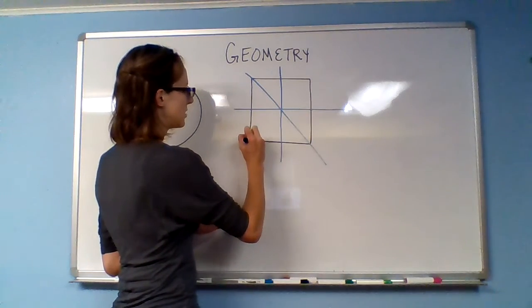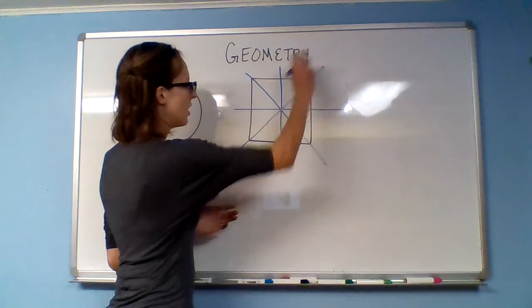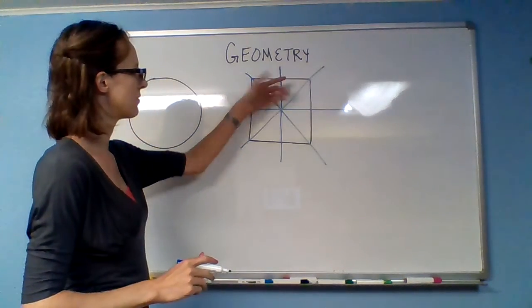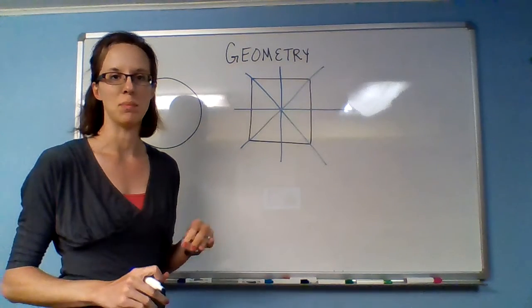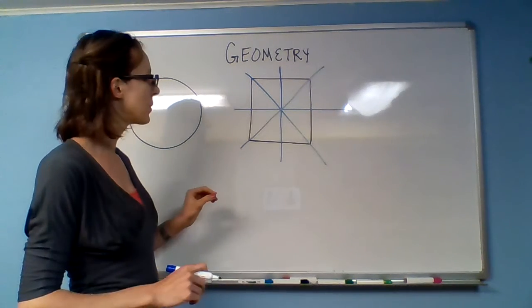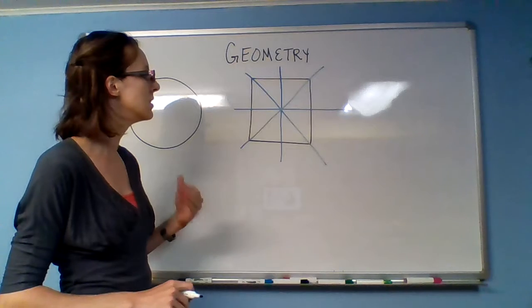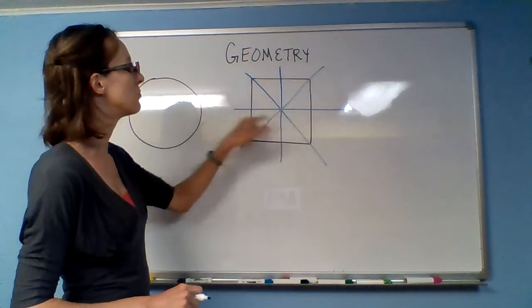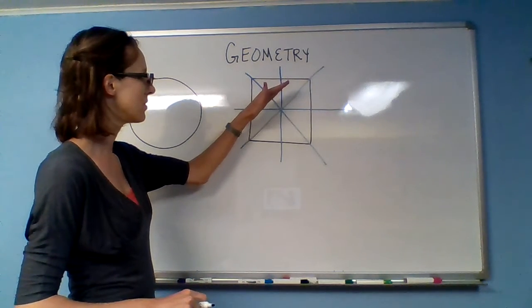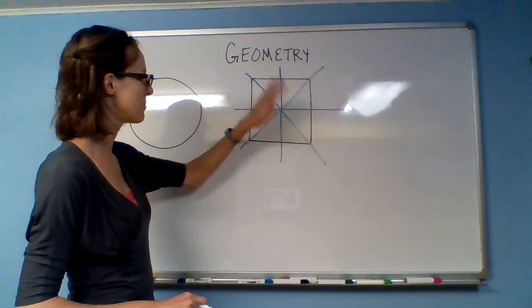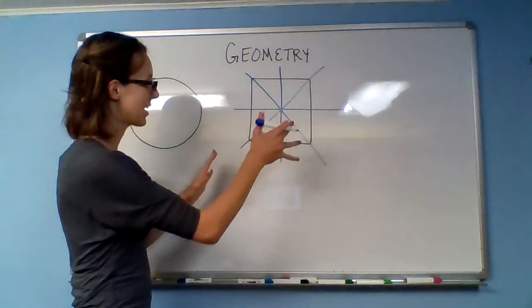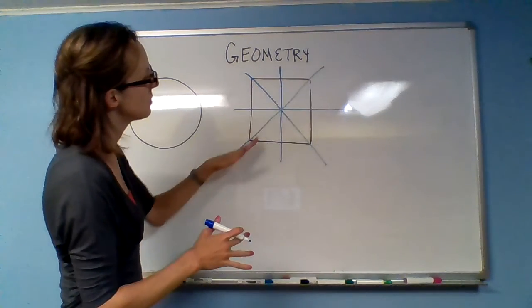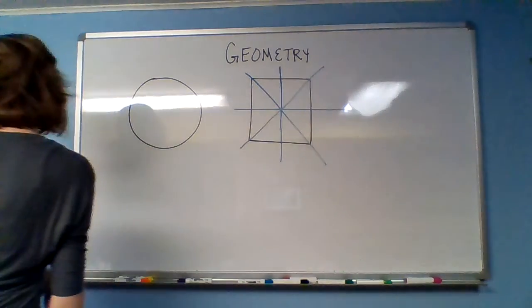Or I could fold it on a diagonal like this and have this triangle land on the triangle down below. A square, therefore, has 4 lines of symmetry that it can be folded on, creating 8 different sections, theoretically, but you would only be looking at one of these at a time.